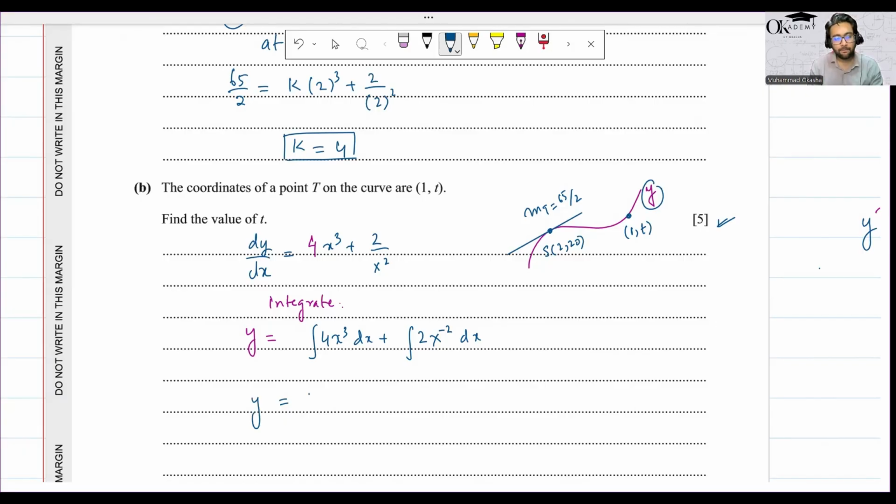I hope you remember the integration of direct powers of x, which is x to the power n plus 1 divided by n plus 1, plus c. So that's going to give me 4 times x to the power 3 plus 1 divided by 3 plus 1, plus 2 stands outside, x to the power negative 2 plus 1 over negative 2 plus 1. Do not forget to put a constant, that is c.